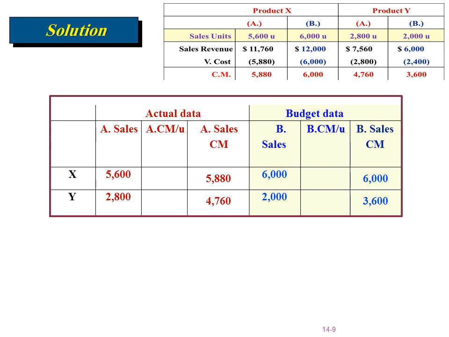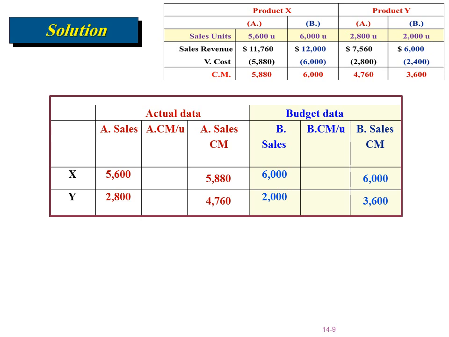I have actual and budget. If I have actual sales and the total contribution margin actually, it's very simple. How can I calculate the actual contribution margin per unit for X? It's very simple.